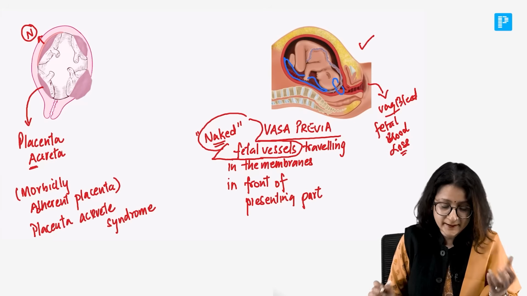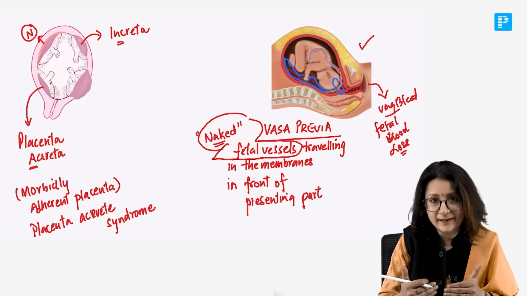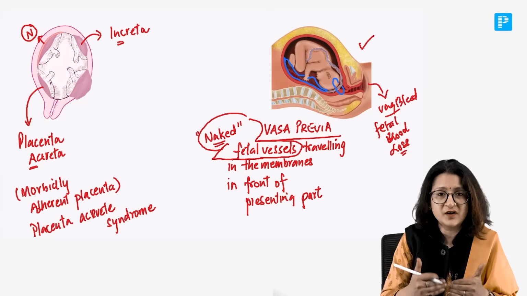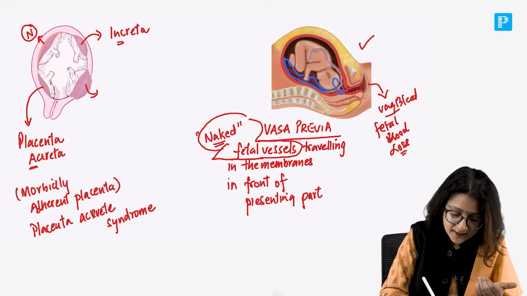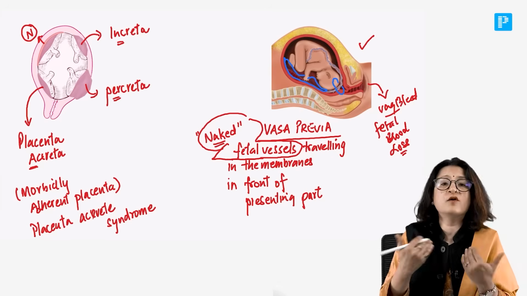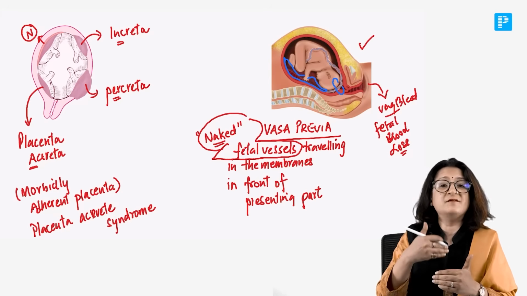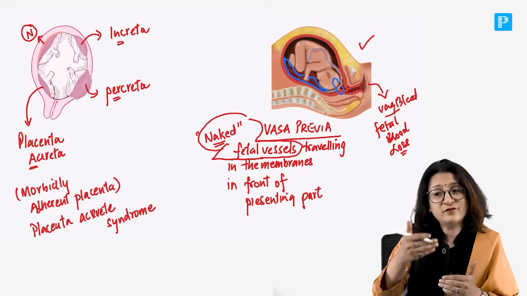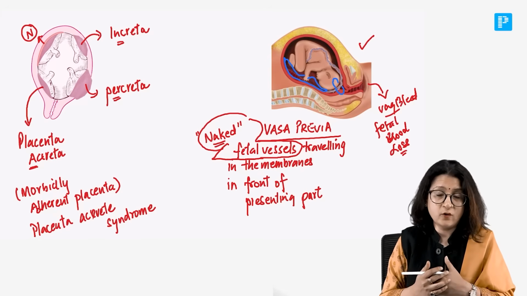Okay, it is penetrating deeper. Here it is increta. As you can see here, this has gone inside the myometrium, attached further inside the myometrium, so increta. And this is percreta. Percreta meaning it has perforated the myometrium. Perforated meaning it may have reached the serosa, perforated the uterine serosa, or even perforated the nearby organs there.